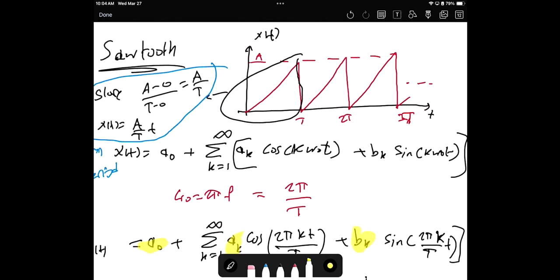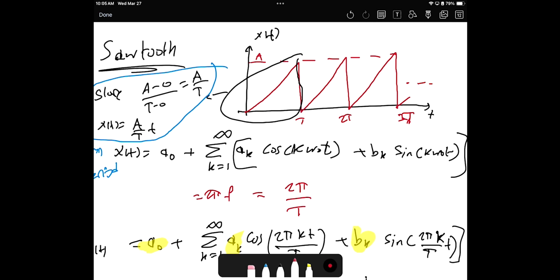The general expression is a naught plus the sum of a sub k cosine k omega t plus b k sine k omega t. Omega equals 2 pi f, or 2 pi over the period T.